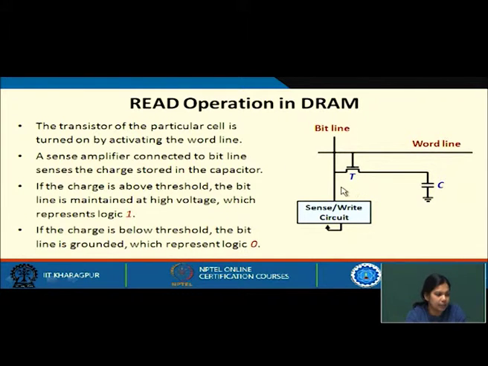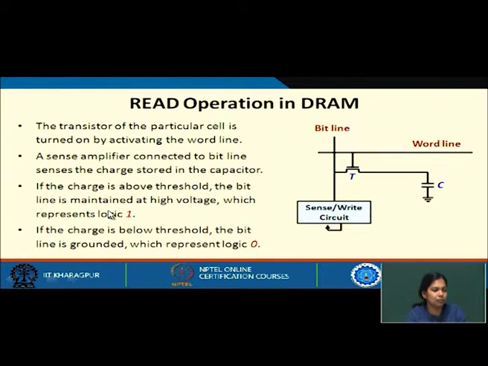If the charge is above a certain threshold, then we say that the bit line is maintained at high voltage, that is 1, and it will represent logic 1. Similarly, if the charge is below a certain threshold, then we say that the bit line is grounded, which represents a logic 0.